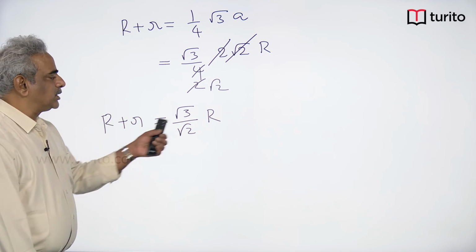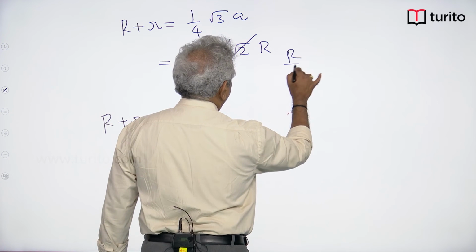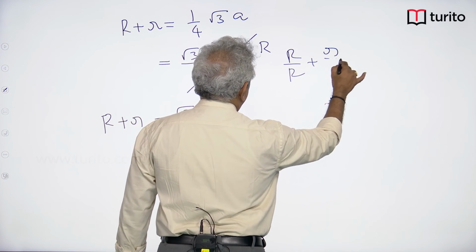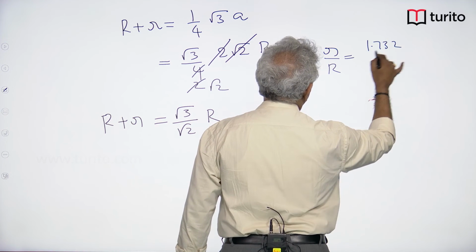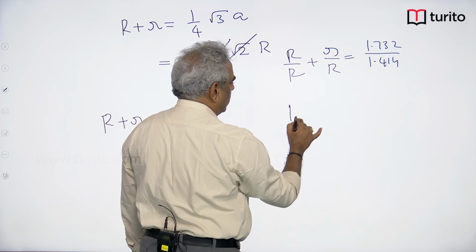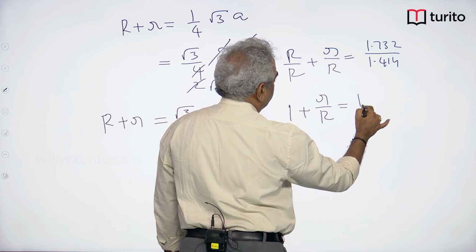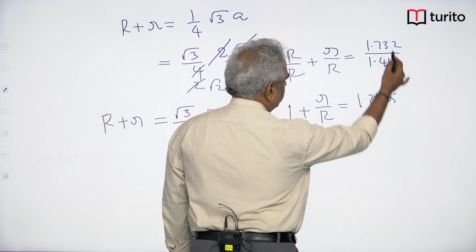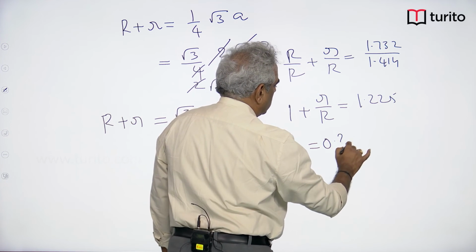Now divide both sides by R. So you will be getting R by R plus r by R is equal to root 3, 1.732 by 1.414, and it is going to give me 1 plus small r by capital R is equal to somewhere around 1.225, this value. So r by R is equal to 0.225.